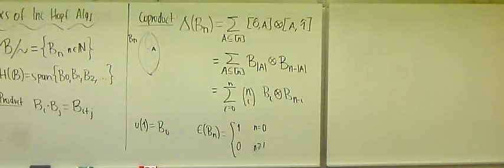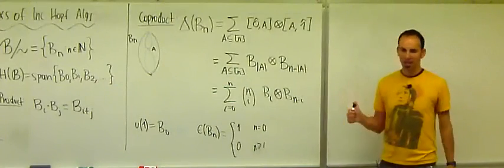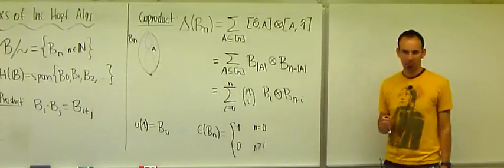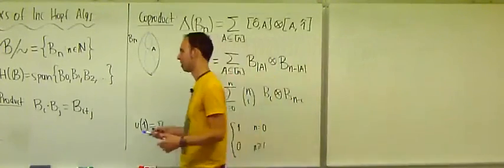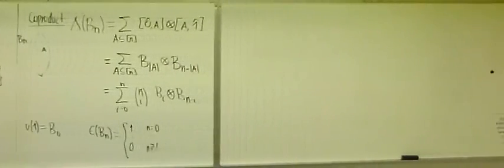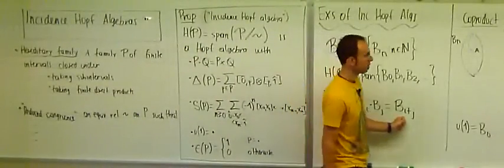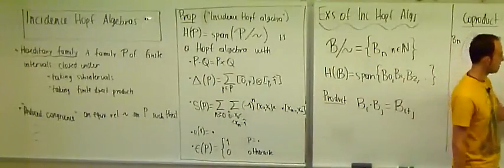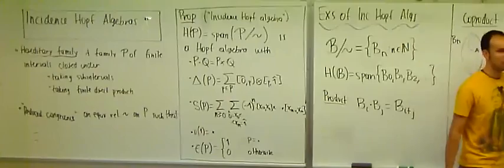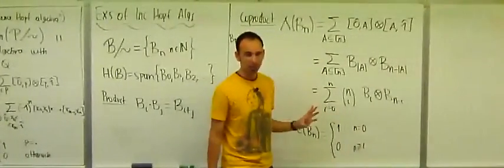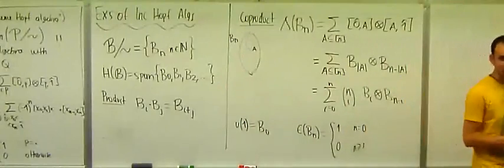In fact, which polynomial ring? k of x. So if instead of bn I had written x to the n, what would I get? My algebra as a vector space is the span of 1, x, x squared, etc. Product, x to the i times x to the j is x to the i plus j. Coproduct, delta of x to the n is the sum of n choose i, x to the i tensor x to the n minus i. So what we have here is exactly the Hopf algebra k of x.